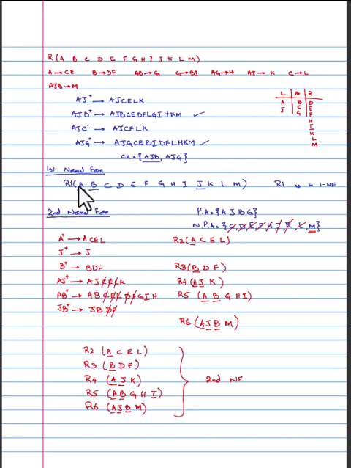Similarly, we will combine the two attributes AB, JB, and AJ. So the closure of AJ is AJ, A gives C, C gives L, so CEL, and then A and J, it is given, gives K. So the closure of AJ will become AJCELK.